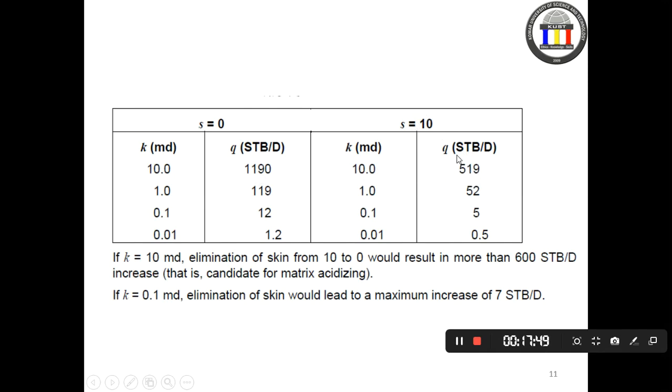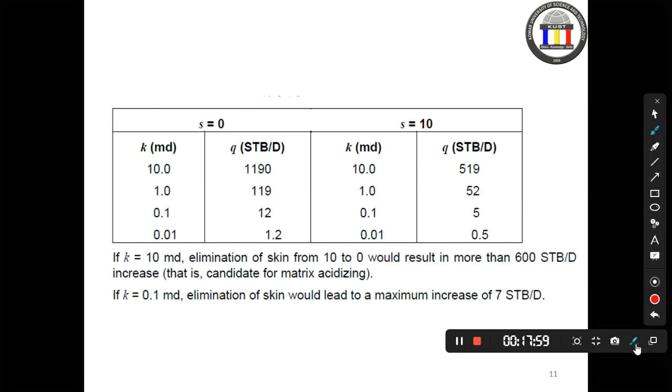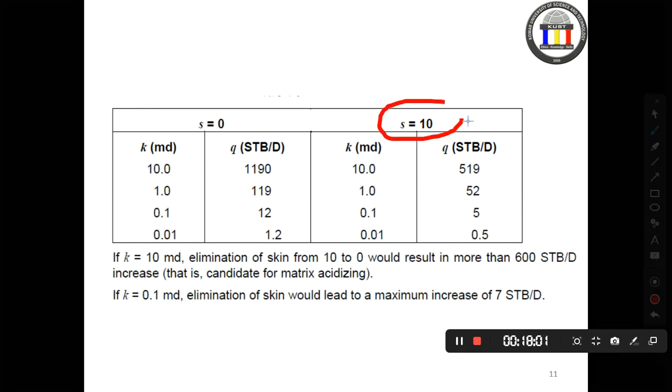So from 1190 to 590, you can see almost 50% of the production rate has declined because of the damage. Now, if we have such a situation and skin becomes 10, we go for stimulation. We do the fracking.